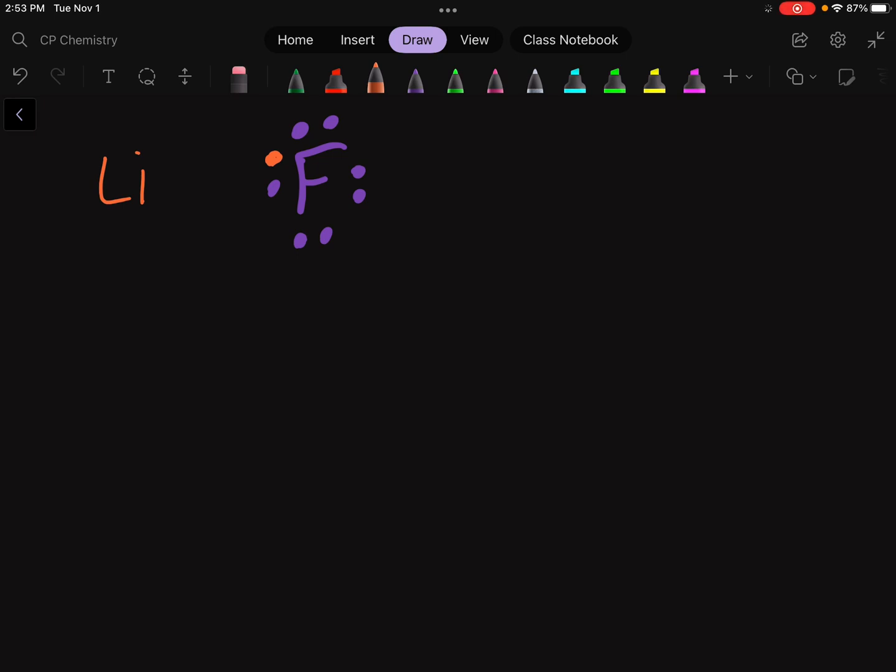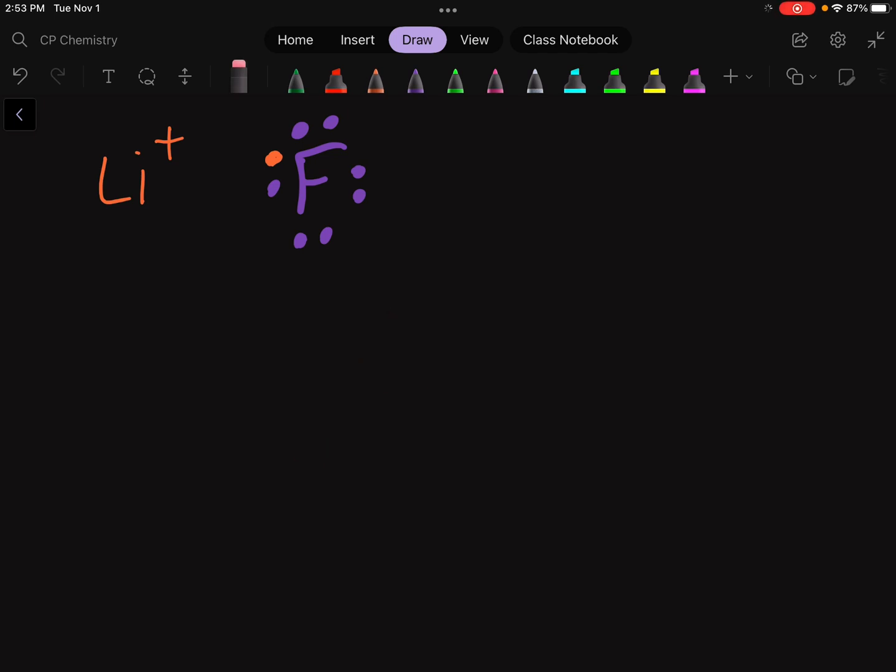And lithium, since it lost an electron, we subtracted a -1. That means it's going to become a +1. So we will put a positive charge on that lithium. And fluorine gained 1 electron, so we added a -1, which overall is a -1 charge.